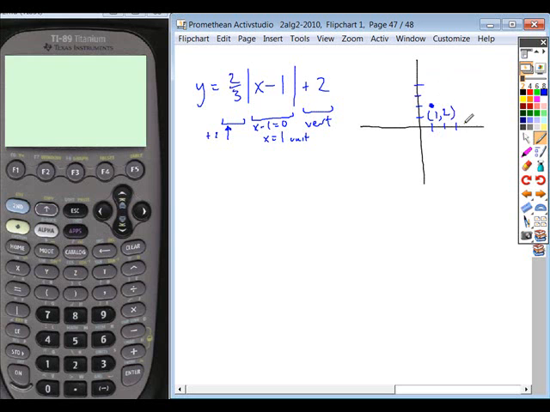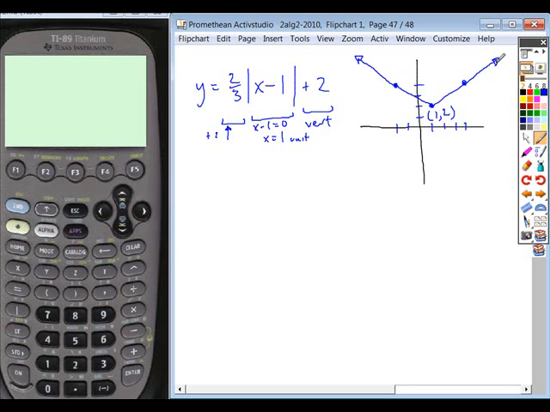So 1, 2, 3. So I get this point. And up 2 over 3, 1, 2, 3. This point. And so when I connect these, I have my sketch. So all of that information can be found just by looking at this form of the absolute value equation.